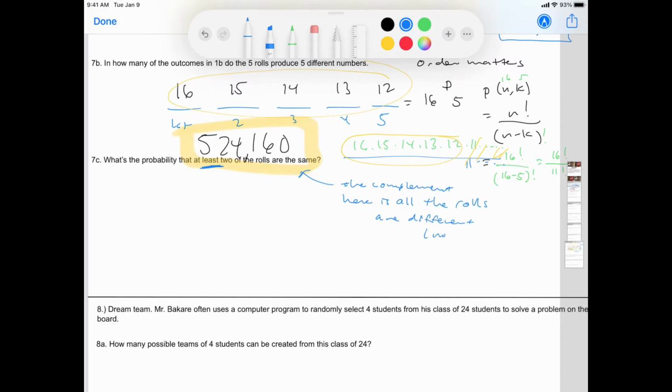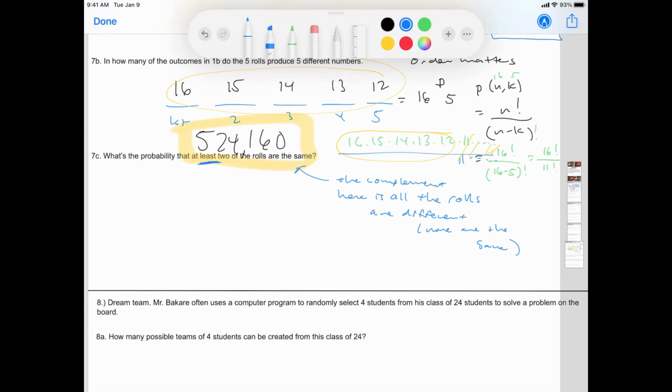That means none are the same. So first, we did this back, I think, in example number 1. The first thing you want to do is figure out the probability that all rolls are different.